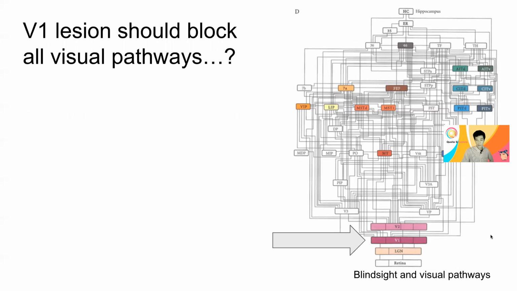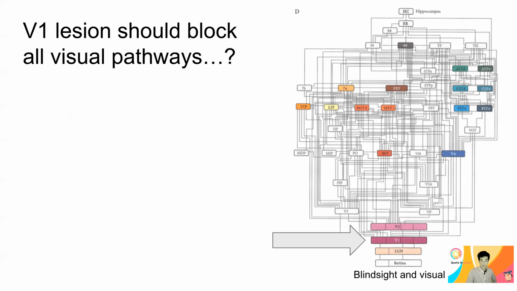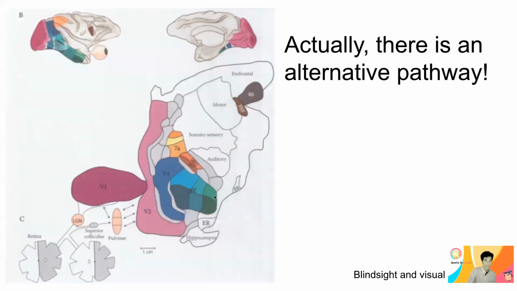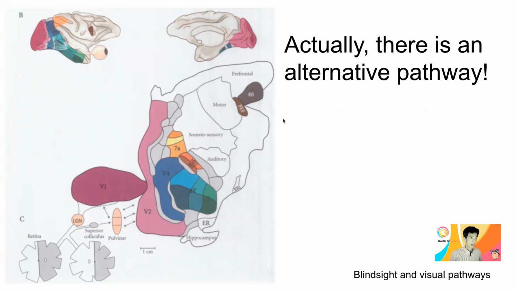As I said, this Felleman and Van Essen diagram suggests that a V1 lesion should block all visual pathways, but actually there's an alternative pathway. So here's the monkey brain, viewed from the lateral side here, and this is the medial side, after a section in the middle, looking from the inside.